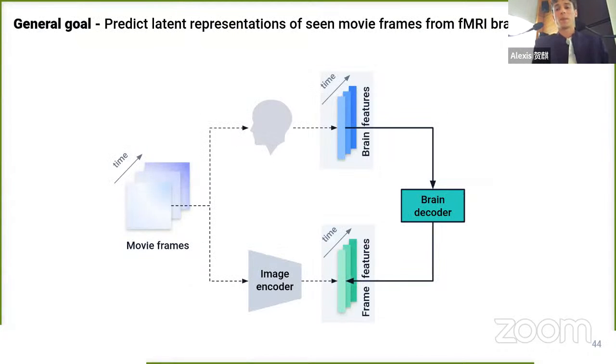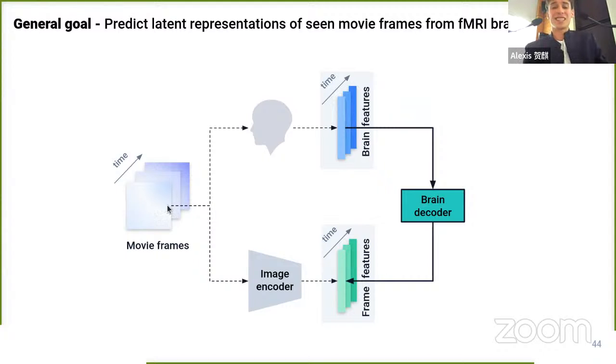So what is decoding? Mostly, decoding nowadays consists in doing the following. A participant, human or non-human, is put in the MRI machine while they take part in an experiment. In our case, it's going to be movie watching. So they watch a movie, and what we're trying to do is to predict what they're seeing from their brain data.